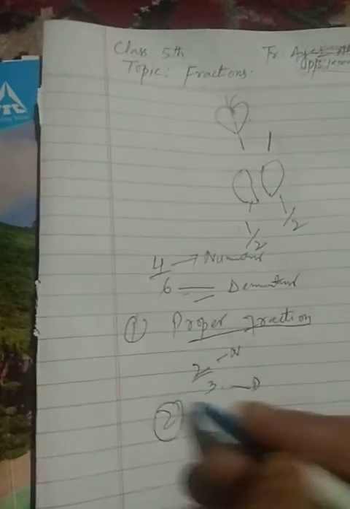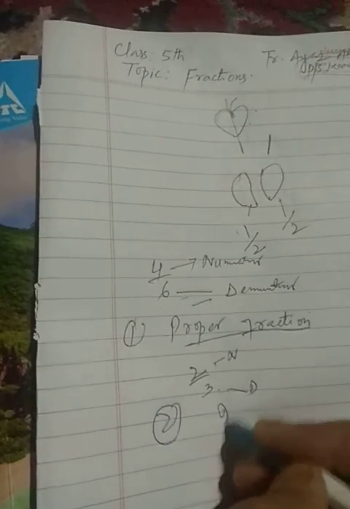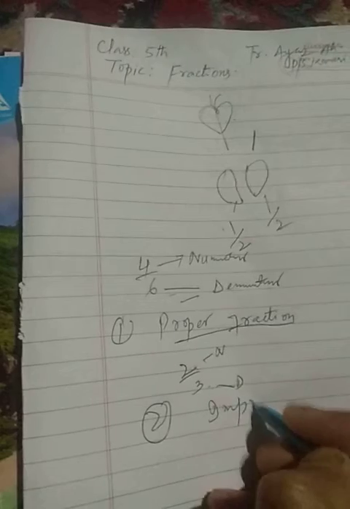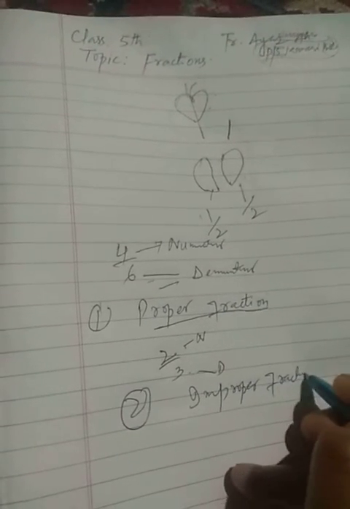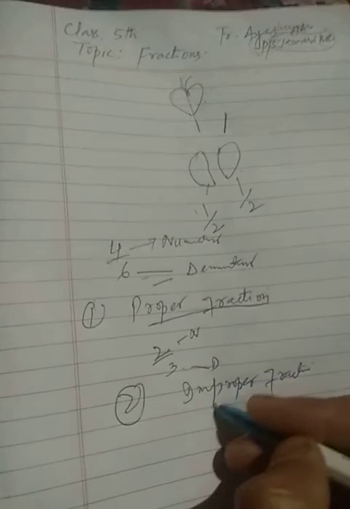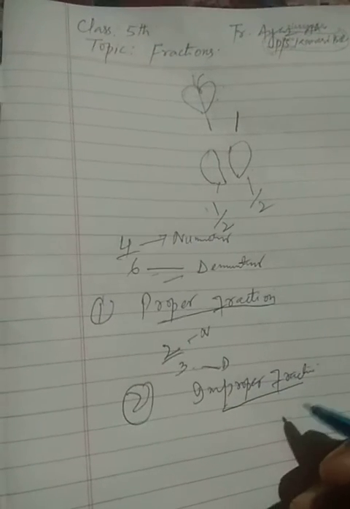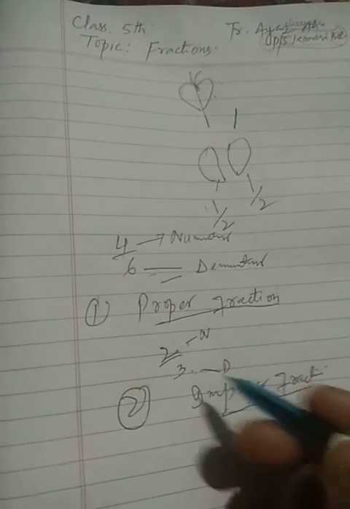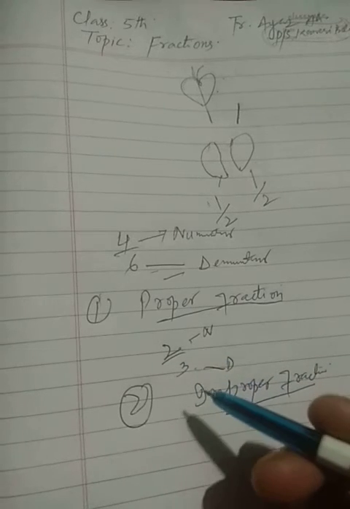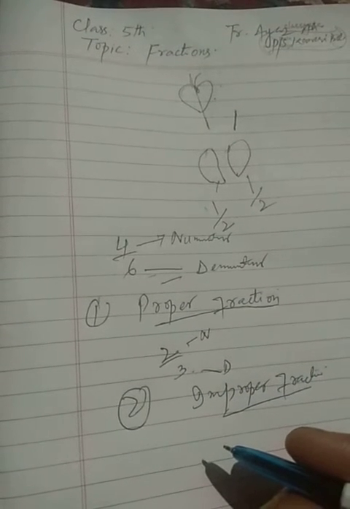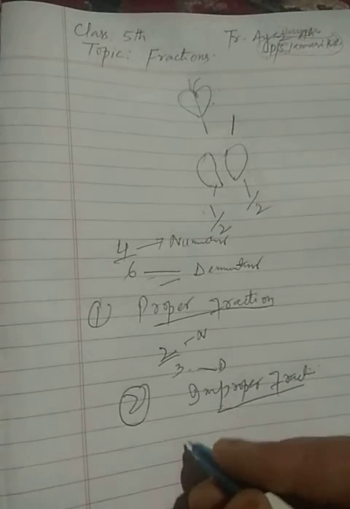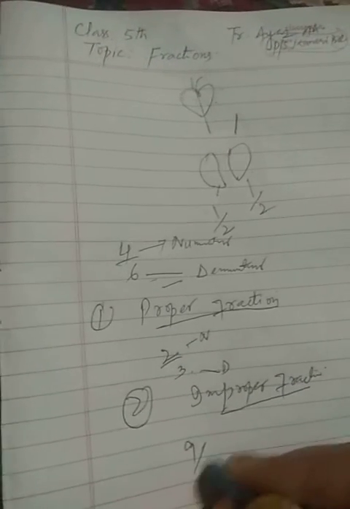The second one is improper fraction. What is improper fraction? If the numerator is greater than the denominator, it is called an improper fraction. For example, 9 by 6.